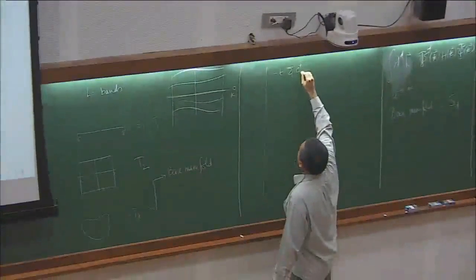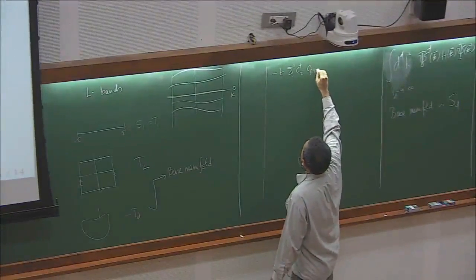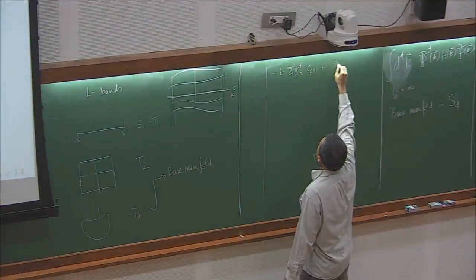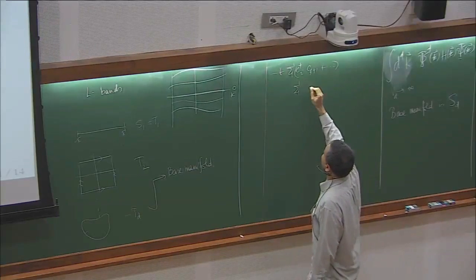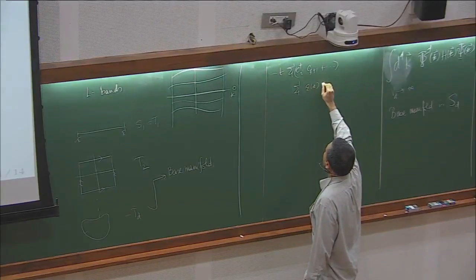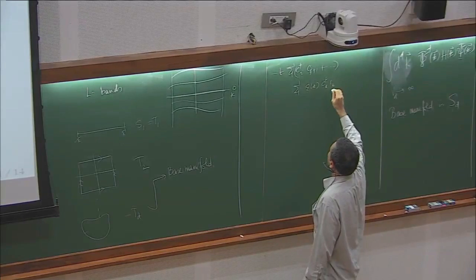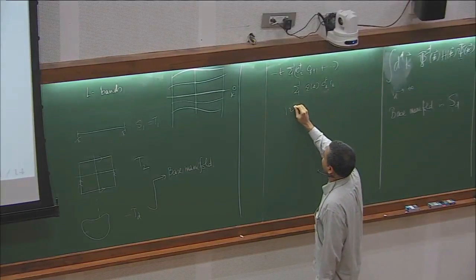Okay, I'll erase this in a minute. Let's take a tight binding model, plus Hermitian conjugate, and you will get some energy dispersion like this. E of k equal to some C dagger K c. And associated with C dagger, there is some Bloch state psi k.